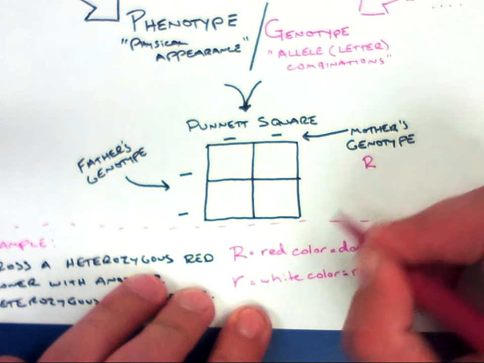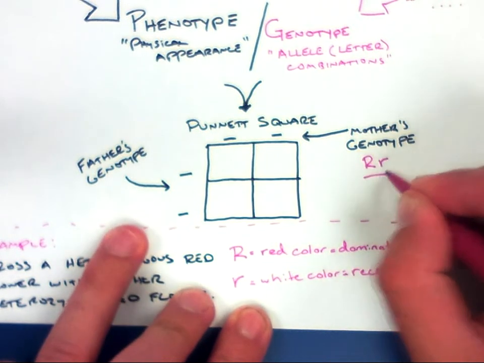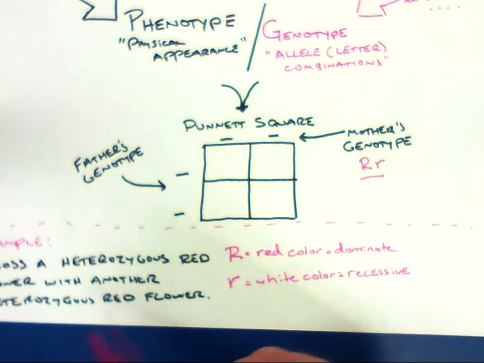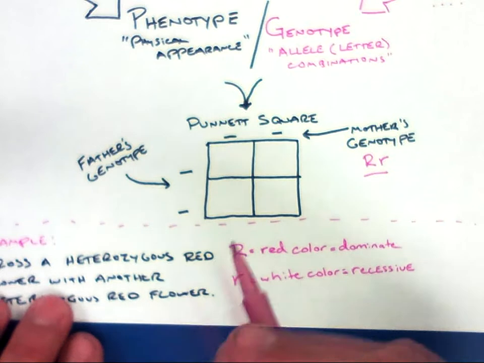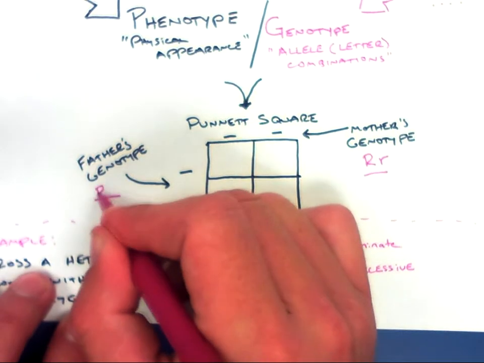So we're going to use R's for the colors right here, but yes, capital R, lowercase r. That is her genotype. And we wrote for the father that the father is heterozygous red, the same as the mother. So what is the father's genotype? Yep, capital R, lowercase r.